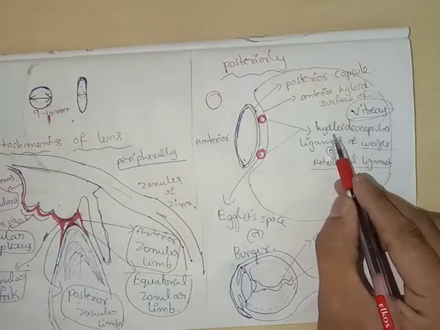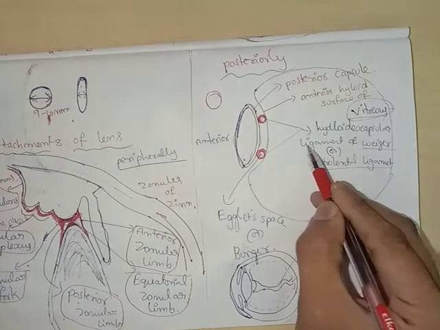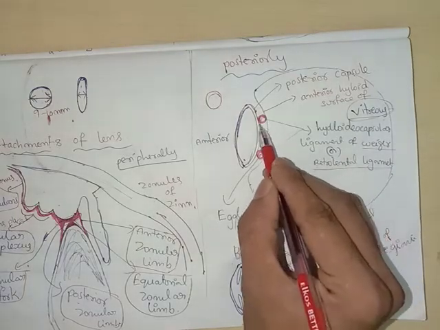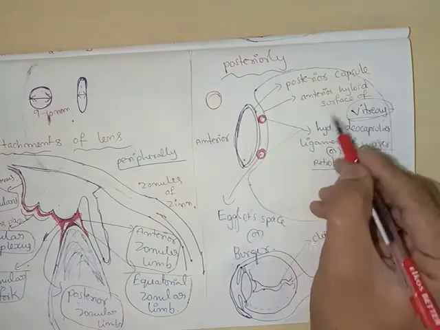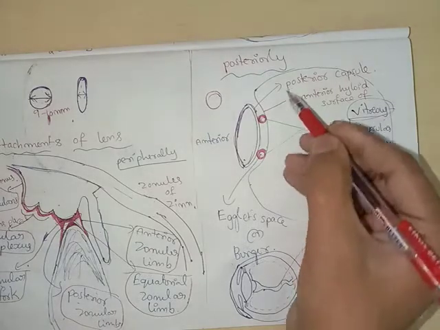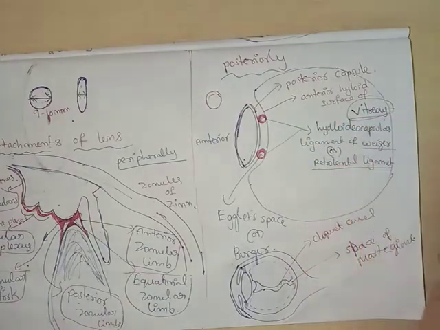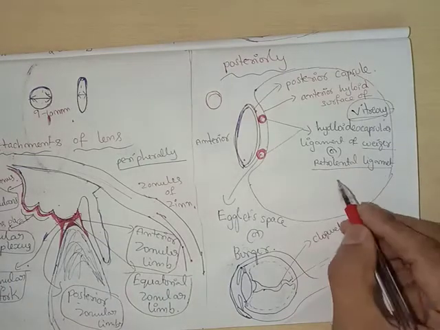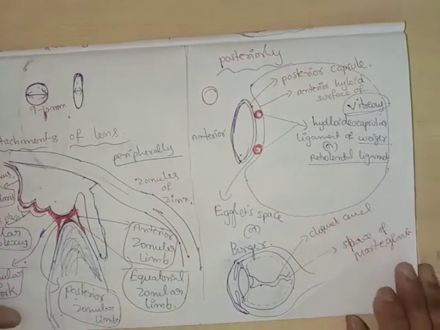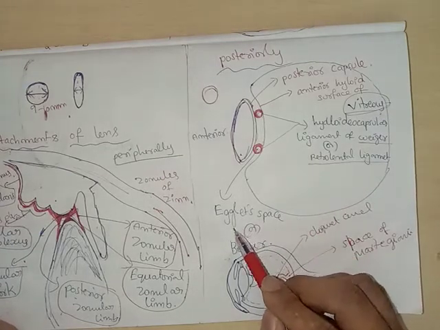Why is it called the hyaloideocapsular ligament? Because it connects the anterior hyaloid surface of the vitreous with the posterior capsule, so it is named the hyaloideocapsular ligament, and it is also known as the retrolental ligament. This is the Egger's space.